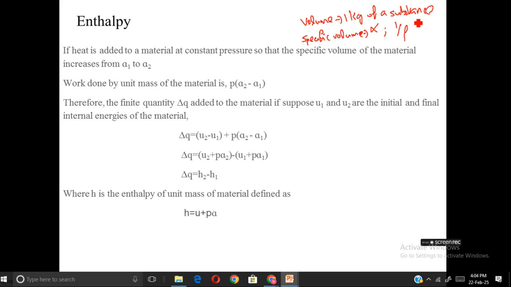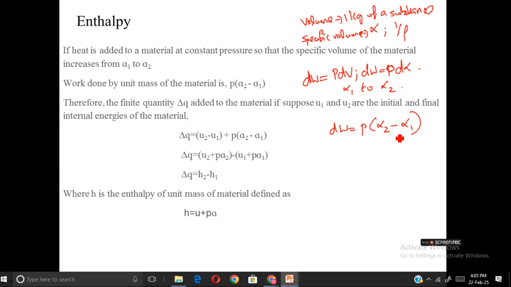So suppose we are adding heat to a material at constant pressure, so that the specific volume of the material changes from alpha 1 to alpha 2. The work done by unit mass of the material is given by dW is PdV. If we are considering 1 kilogram of the material, we can write dW is equal to P d alpha. So if we are changing alpha 1 to alpha 2, then the work done can be written as P into alpha 2 minus alpha 1.